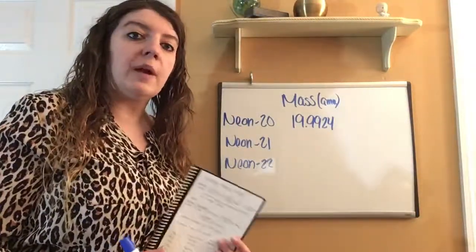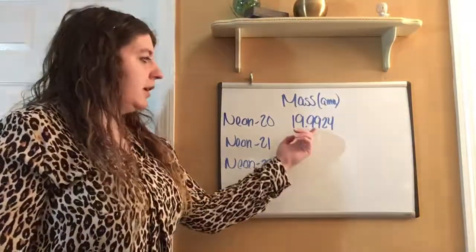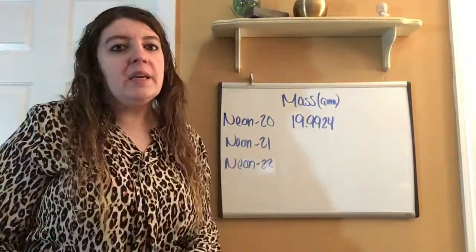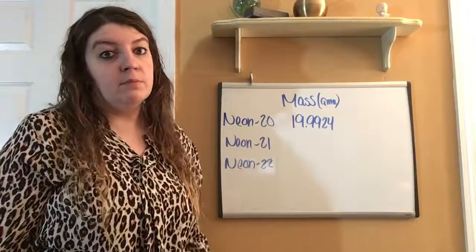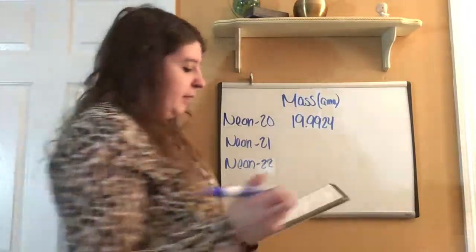As you can see, if you rounded that off to a whole number, you would get 20, right? 9 rounds up, you get 20. But it's a little bit less, and that's just because of the difference when it comes to weighing out the actual mass of a proton or a neutron.